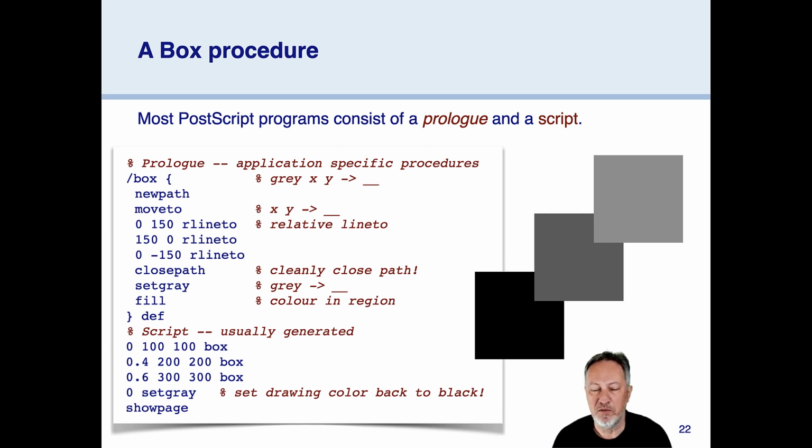So if you have your favorite word processing program where you can write a text, a letter, a document, when you ask that document to be printed, what will happen is that there is a whole prologue of pre-existing, predefined procedures and variables and so on, which are spit out.